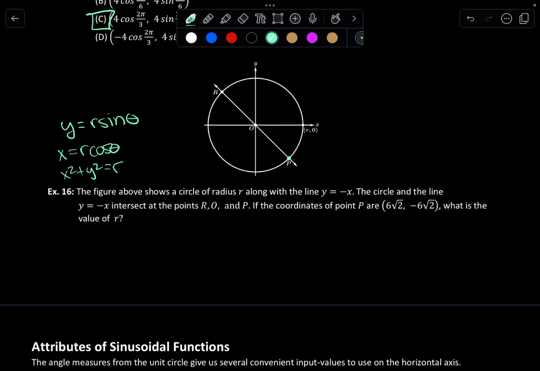So let's try sine. If I do y is equal to r sine theta, my y value is going to be negative 6 root 2. So I get negative 6 root 2 equals r sine theta. Now, they told me that this line is y equals negative x, which means it's splitting quadrants 2 and 4 in half.